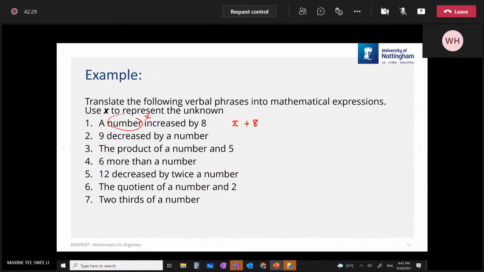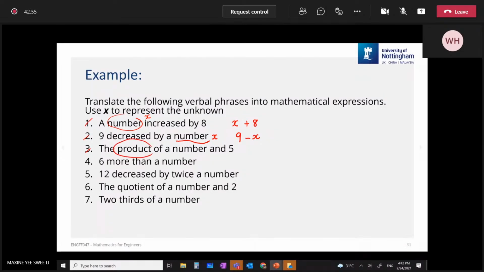Question 2: 9 decreased by a number. Whenever you see a number, we'll just call it x. So 9 decreased by a number is 9 minus x. Now go to question 3: the product of a number and 5.